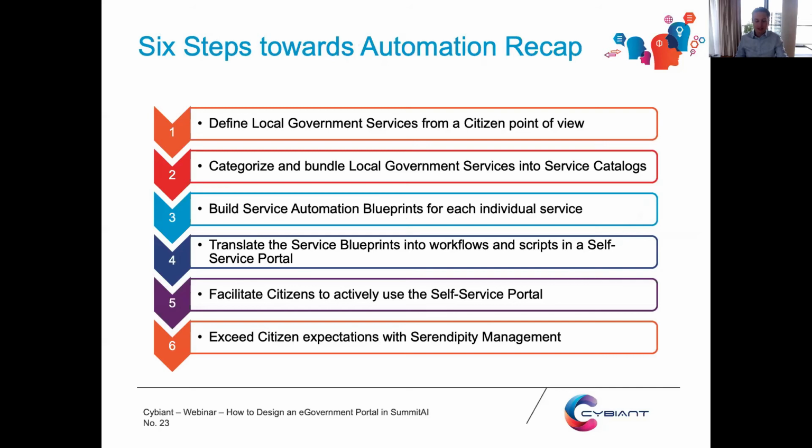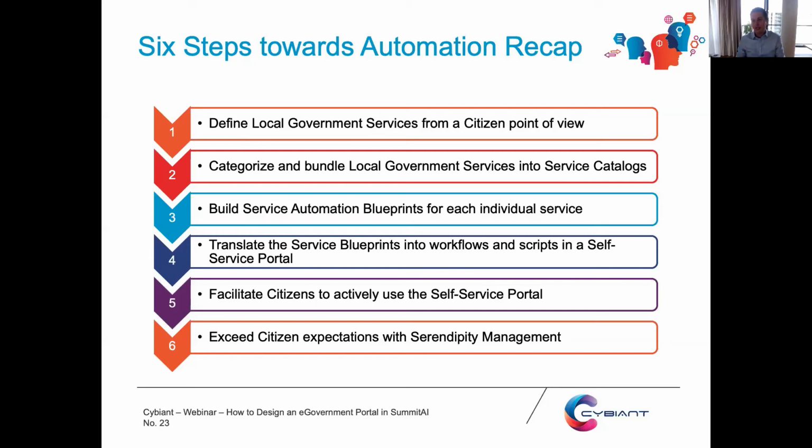So let's recap a little bit of what we talked about in the last couple of sections. I've presented you with the 6 main steps that you could use towards the automation of government services. We talked about each of these steps in detail, and we started with defining the services, putting them into different service catalogs, making them into blueprints, and then translating those blueprints into workflows and scripts on a self-service portal.